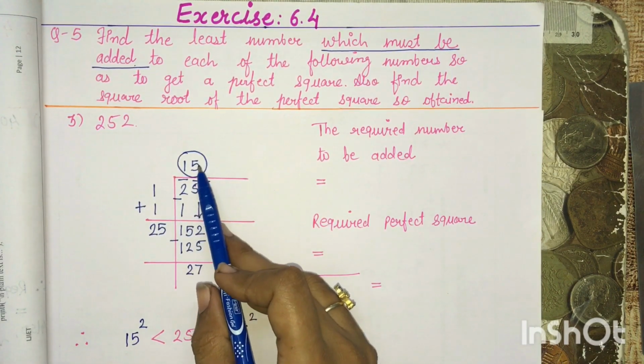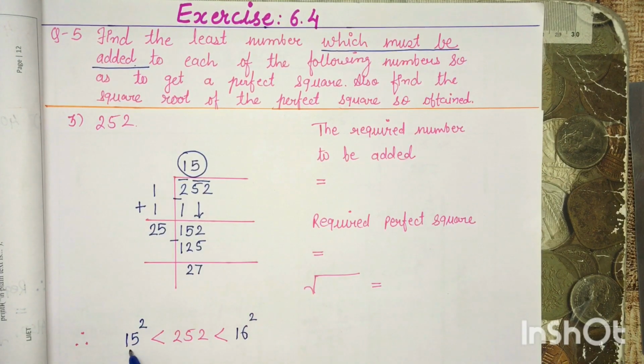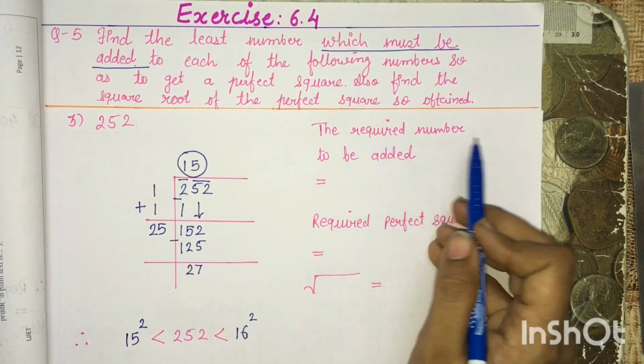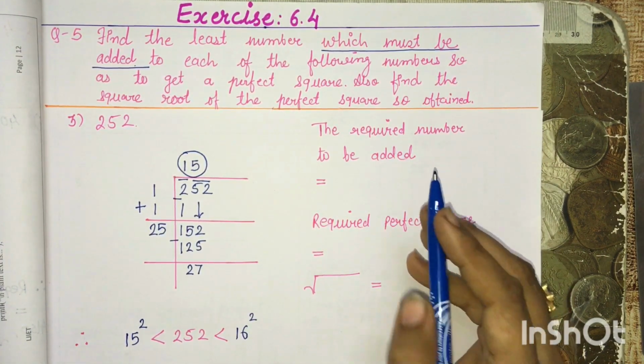Okay, so here our quotient is 15, so I have written 15 square, and the consecutive number of 15 is 16, so here I have written 16 square.